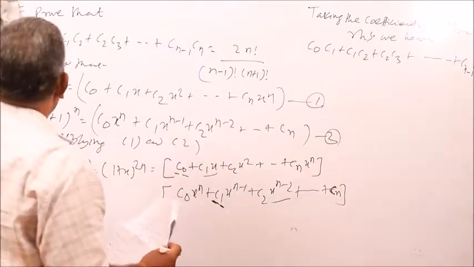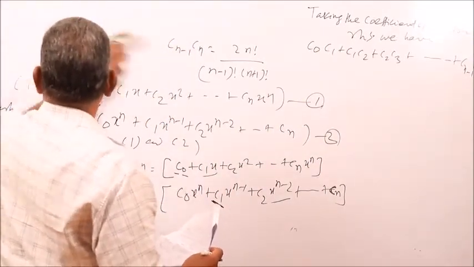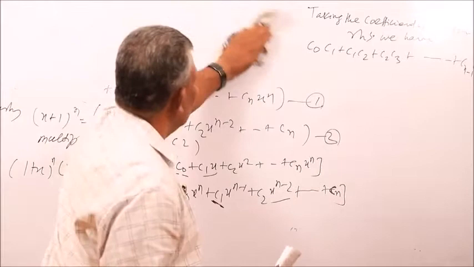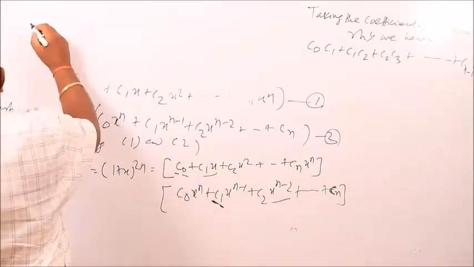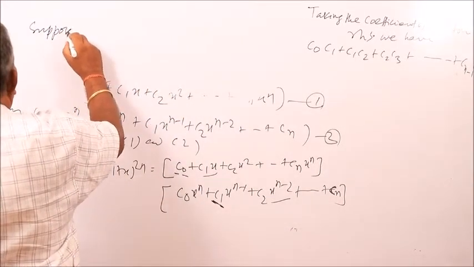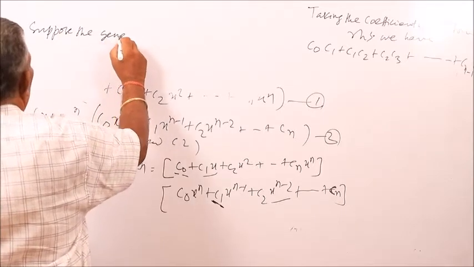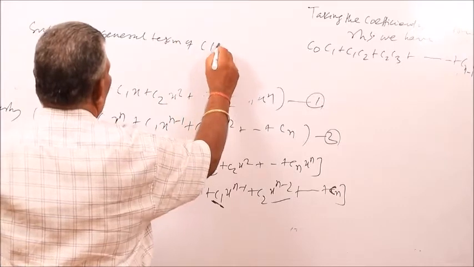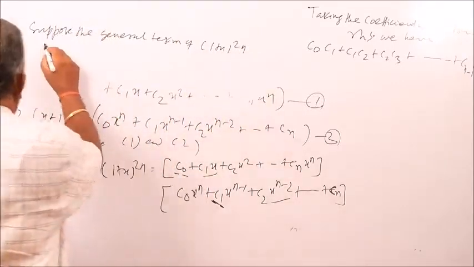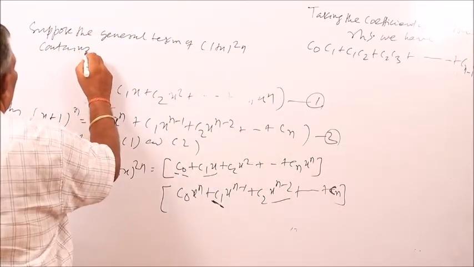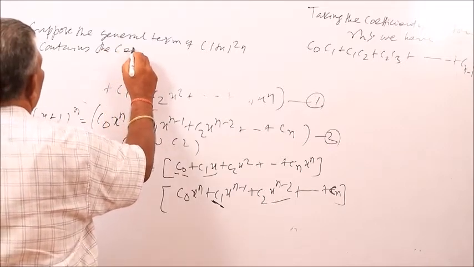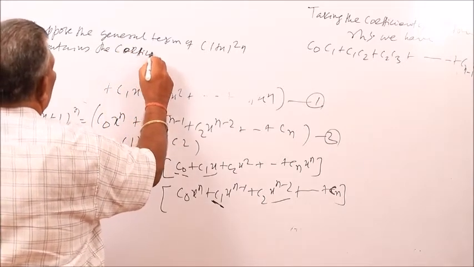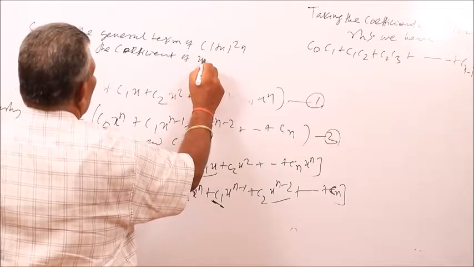Let us come to our LHS. Suppose the general term of 1 plus x whole to the power 2n contains the coefficient of x to the power n minus 1.